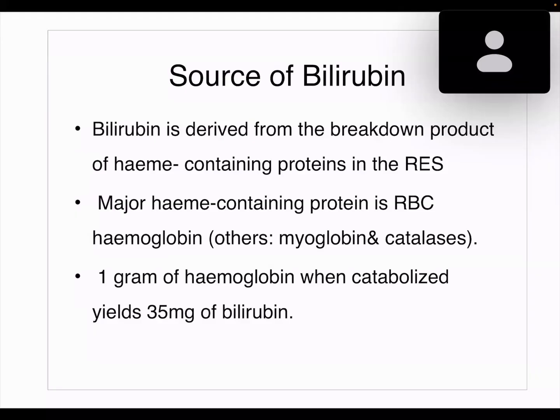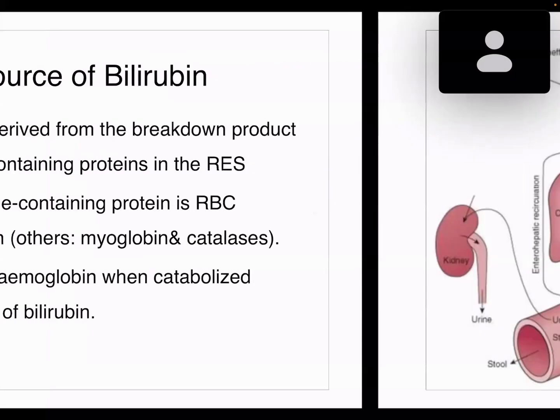The red blood cell contains hemoglobin, which gives it its reddish color. Apart from that, it helps in transporting oxygen to the body, excreting carbon dioxide and other nutrients necessary for the body. So it's this hemoglobin that, when broken down, gives rise to bilirubin.